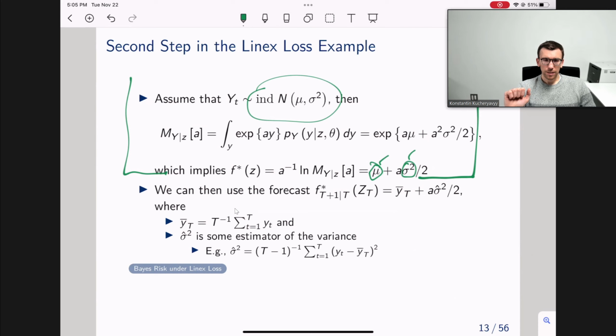And here, the issue is we can come up with, potentially there are many ways to estimate the mean or many ways to estimate the variance. Some of the ways are good, some of the ways are bad. And given this setup, there is potentially nothing that tells us which estimates of the parameters we should use.